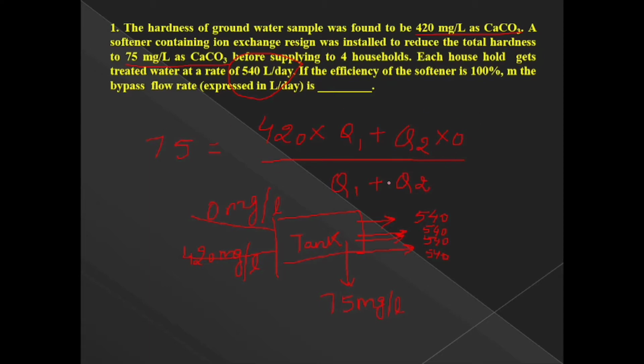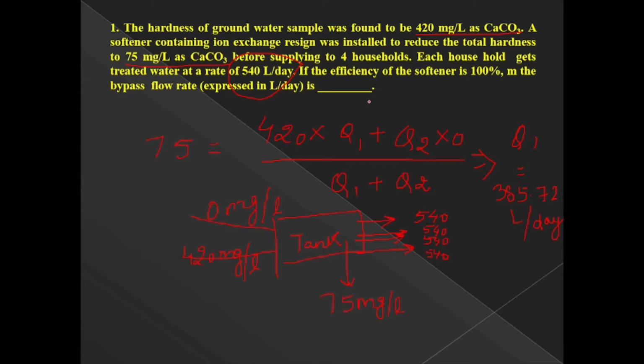Q2 is 0 and Q1 you can easily find out, and I got the answer Q1 equal to 385.72 liters per day. So this was our question number 1.